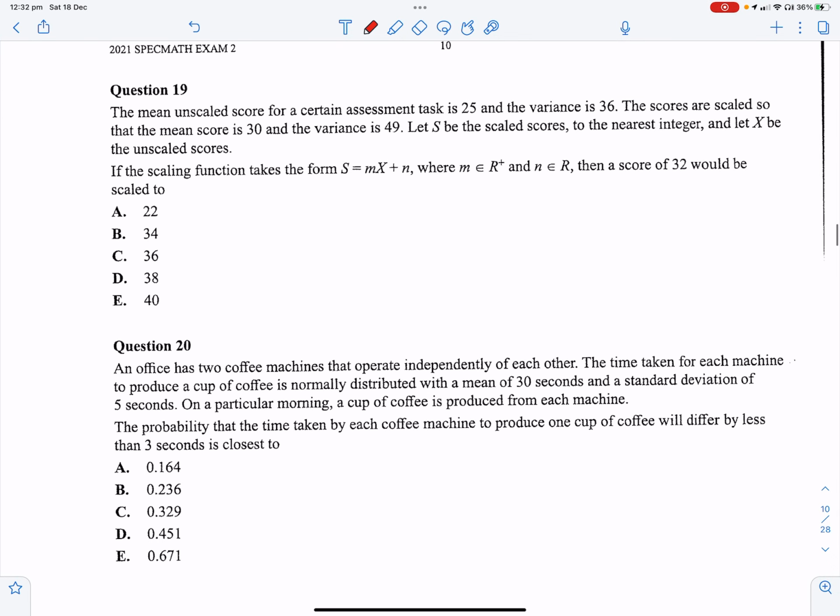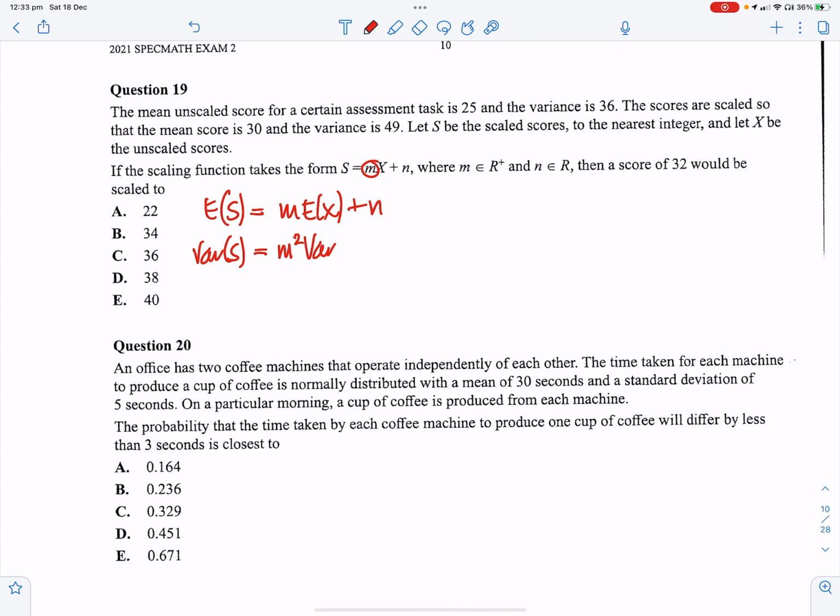The mean unscaled score of a certain task is 25, variance is 36. The score is scaled so that the mean is 30 and the variance is 49. Let S be the scaled score, rounded to the nearest integer. Okay, so E of S we know is m times E of X plus n. Var of S is m squared var of X plus nothing. Remember, you bring it out the front and square it.